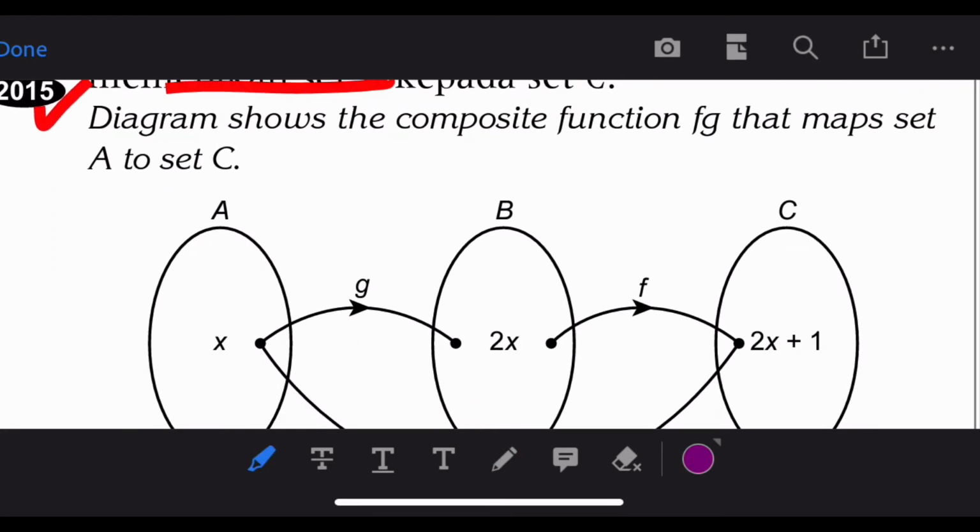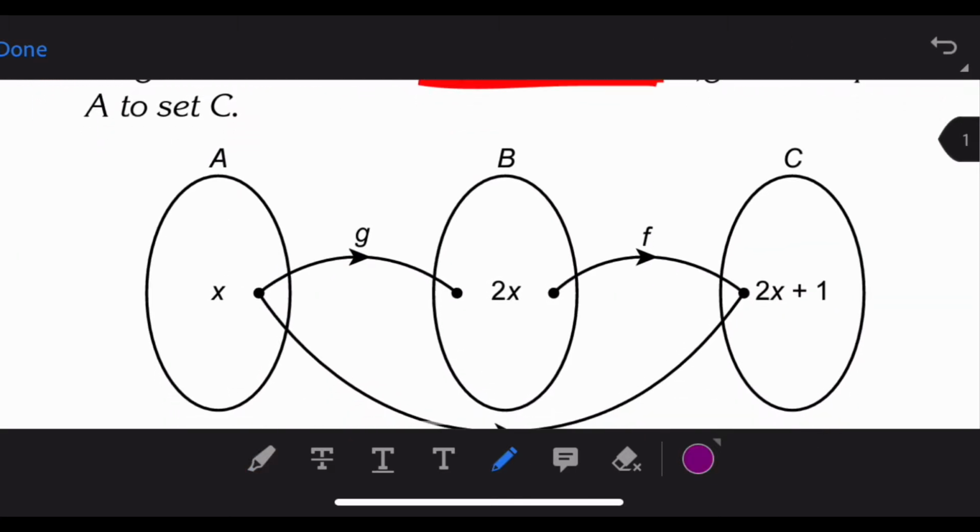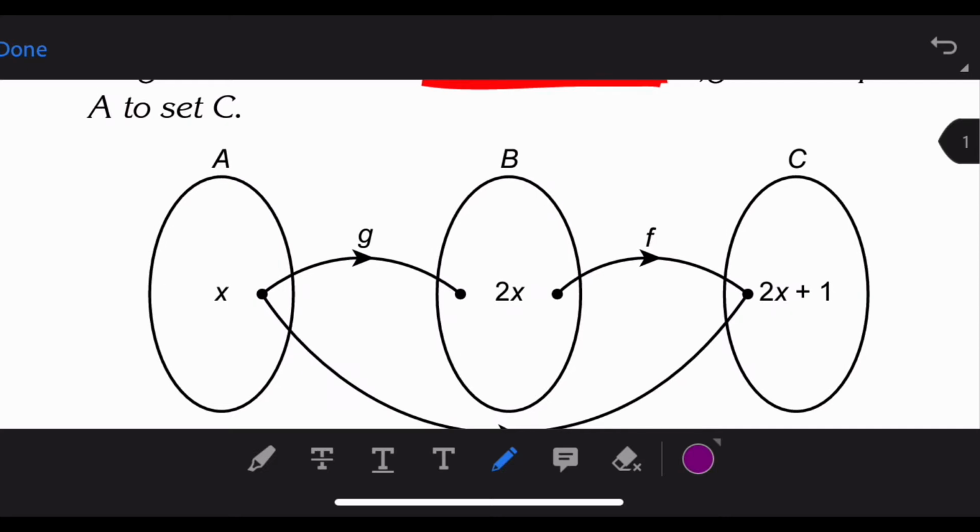It's more on composite function, right? So the diagram shows the composite function FG that maps set A to C. Right, so let's have a look at A and C. As you can see, A is the first function, and then we have B and we have C. So we have 3 functions.